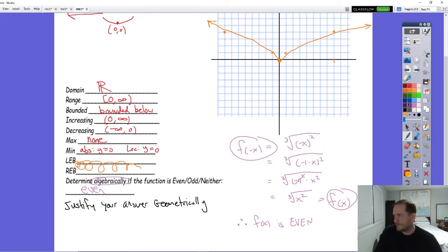If that question was there, you would say f of x is even because it has symmetry over the y-axis.